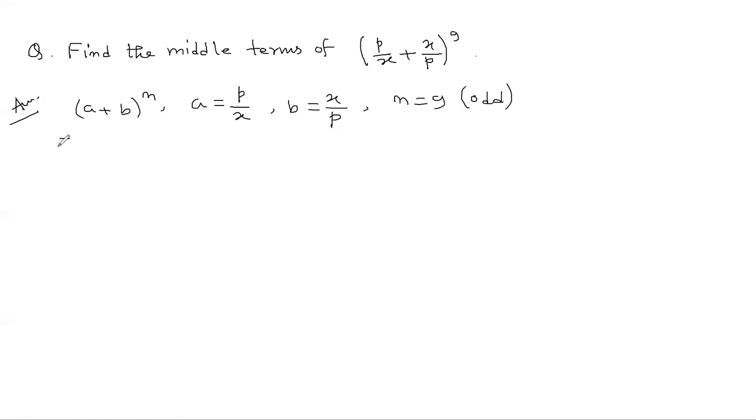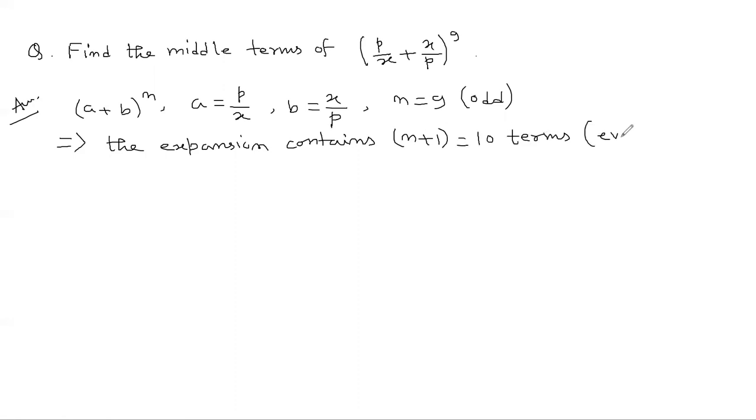That implies the expansion contains n plus 1, that is equal to 10 terms, which is even. So we have even number of terms, and consequently we'll get two middle terms.